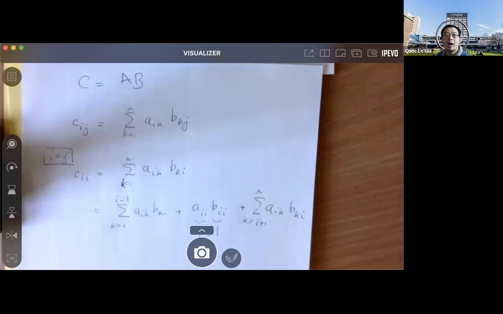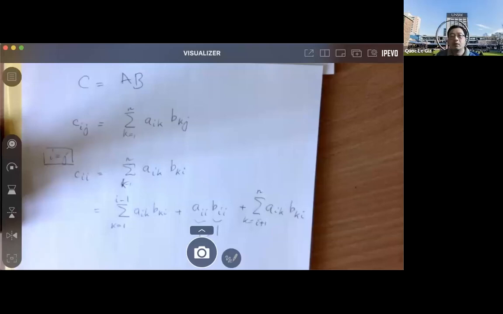Now for the next term, you look at this one. In this one, the K is the row, right?